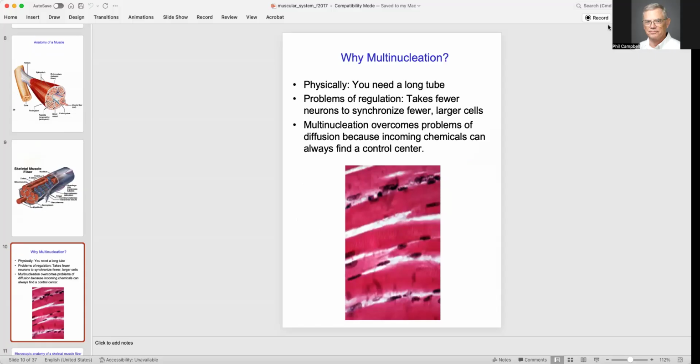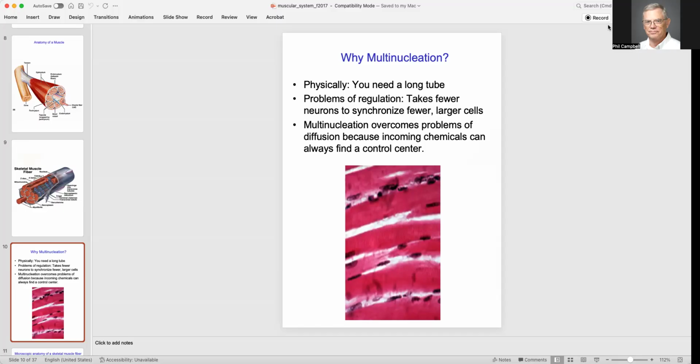Let's go back just a moment. Why are skeletal muscles multinucleated? Two reasons. The first one is that, as I've already mentioned, we have multiple precursor muscle cells fusing together to make a mature muscle cell.